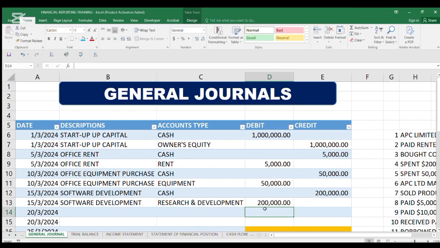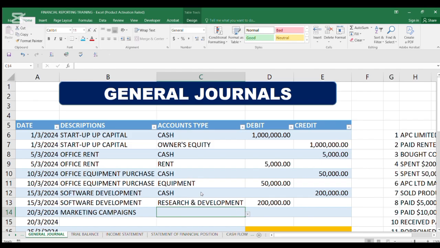So the next transaction we have was that he made an expense of 50,000 US dollars on a marketing campaign. So we come here and say marketing campaign. The next one is marketing campaign.